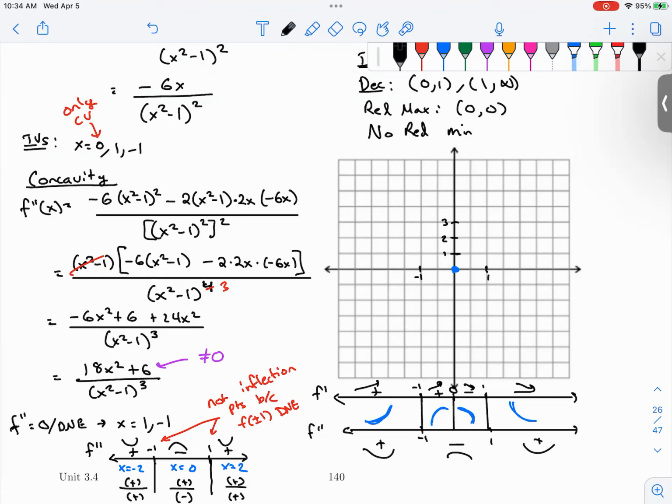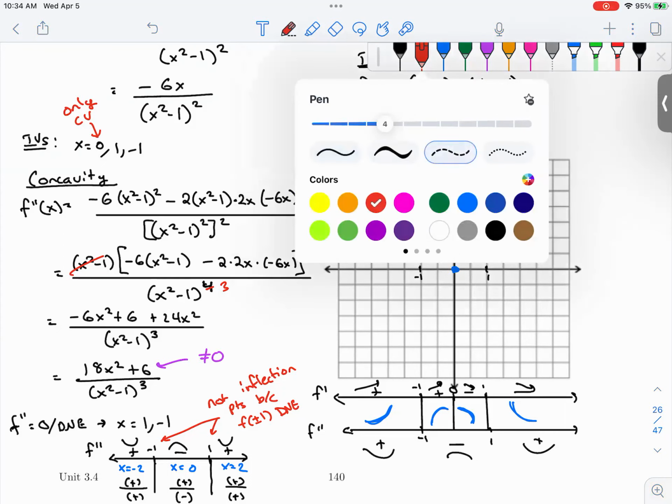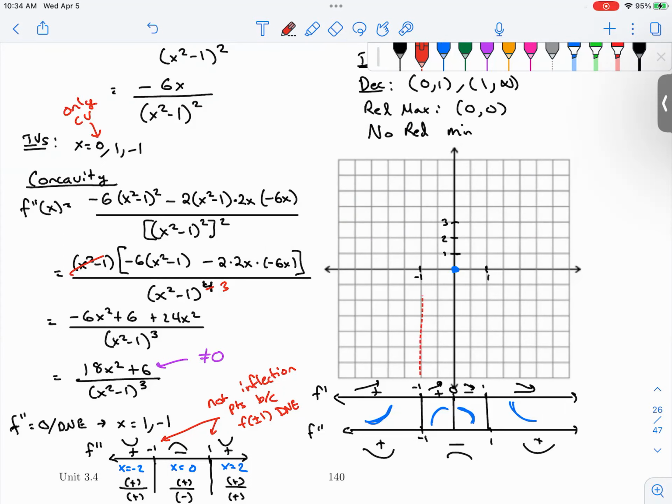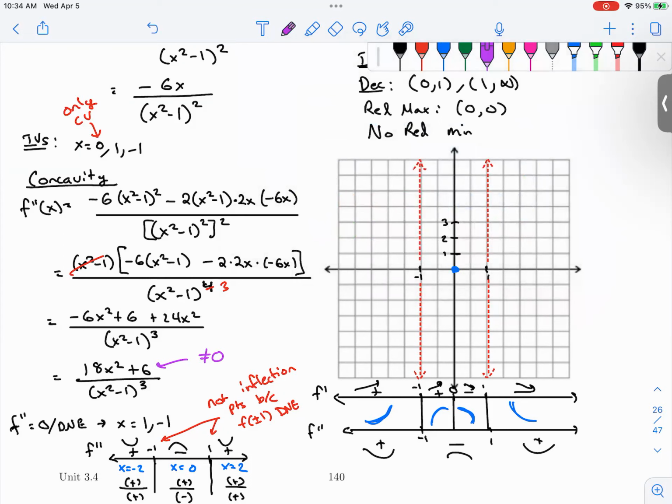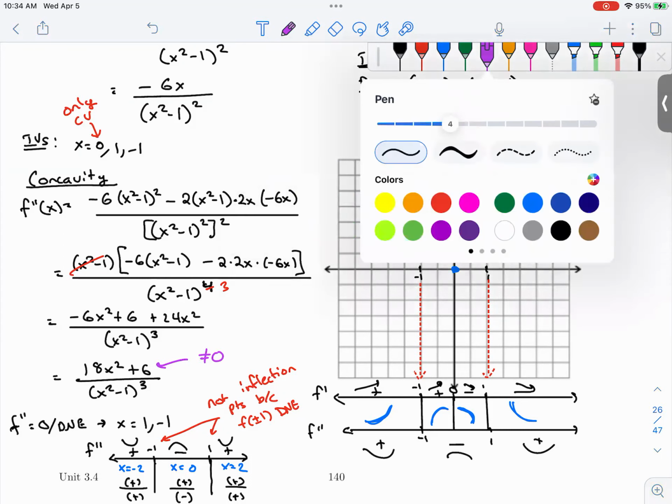This is just going to make it look prettier. So let's go ahead and make these asymptotes. One at 1, one at -1. And a horizontal one at 3.